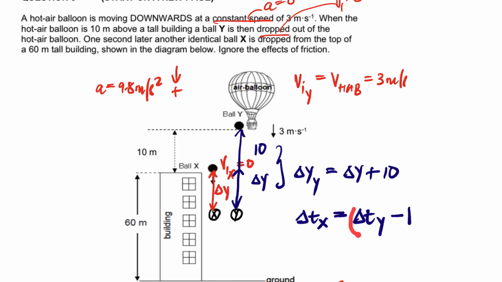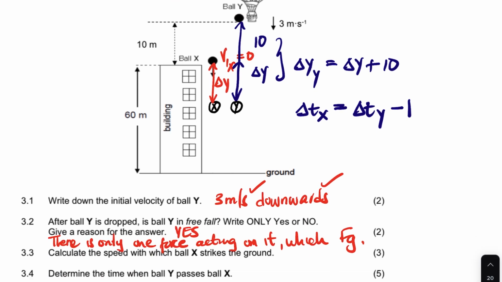So the time for ball x is equal to the time for ball y minus 1, because ball x was thrown 1 second later. That's what you do always. When it's 1 second later, you subtract from the time of the first ball that was thrown, right?